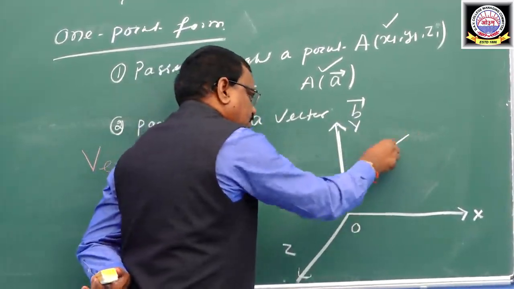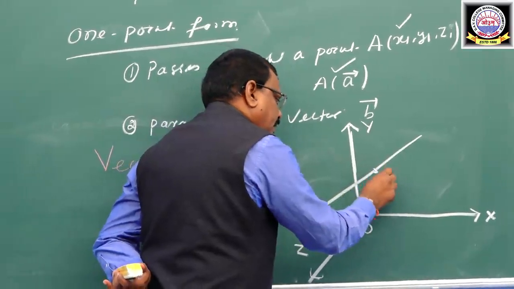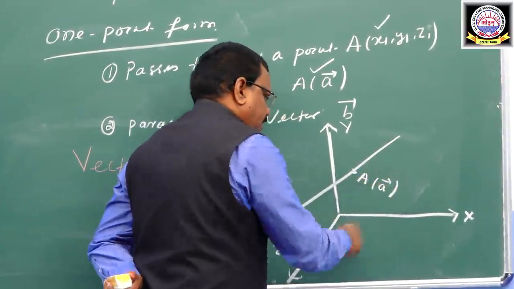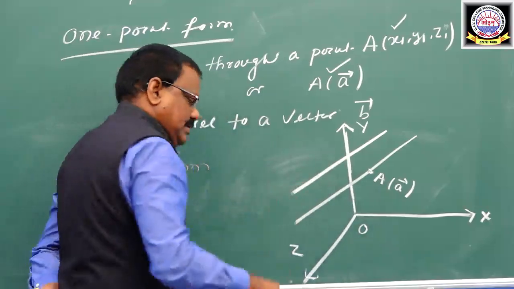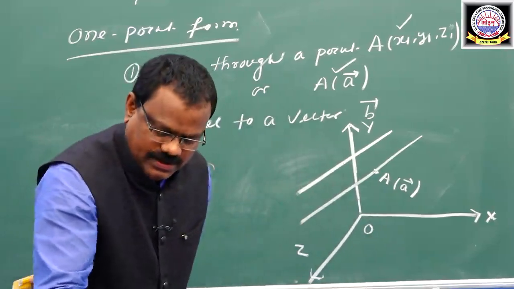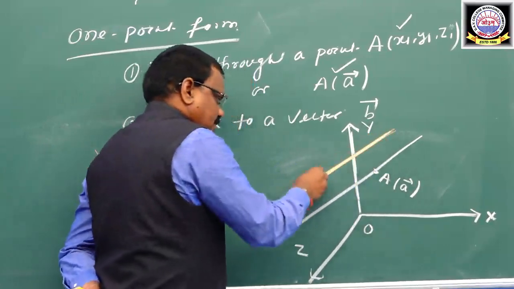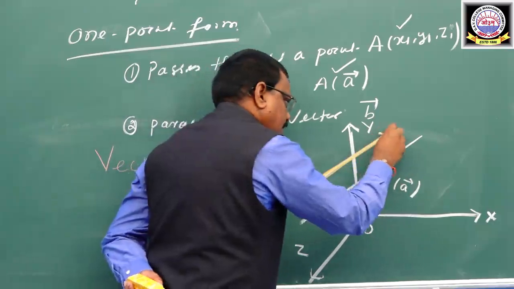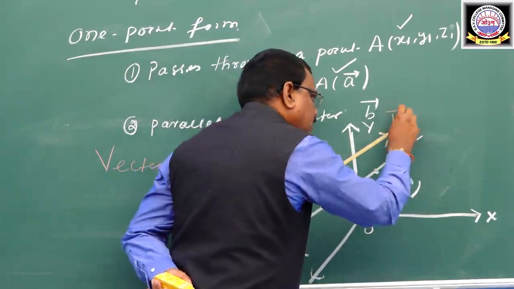Let the line be this one, passing through the point A with position vector A vector and parallel to this vector, the vector named B vector.